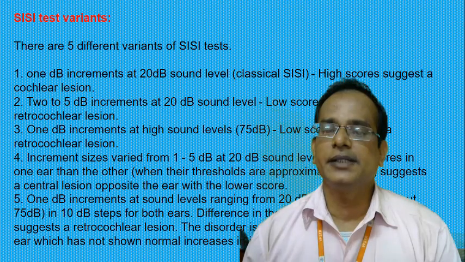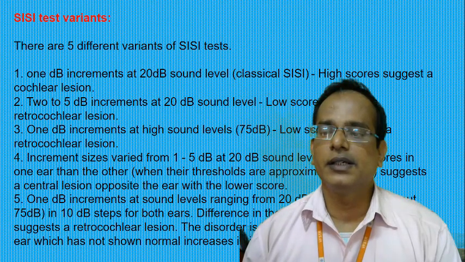Fourth one, increment sizes varied from 1 to 5 dB at 20 dB sound level. A poor score in one ear rather than the other, when their thresholds are approximately equal, suggests a central lesion opposite the ear with the lowest score.